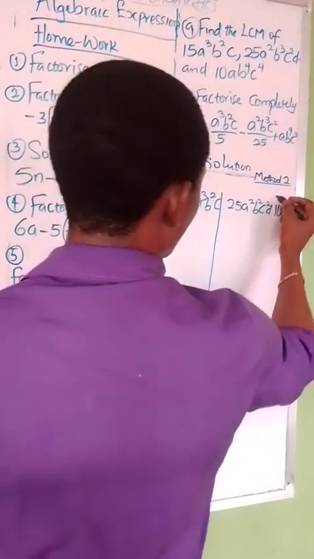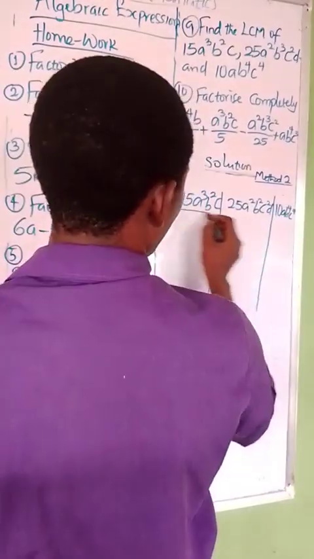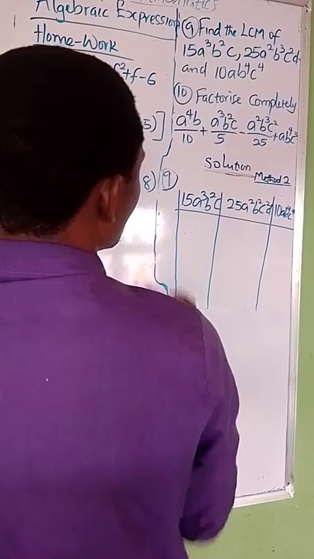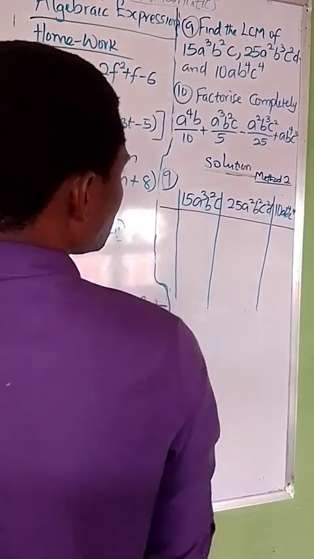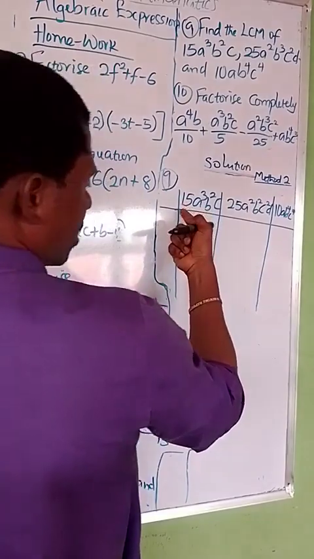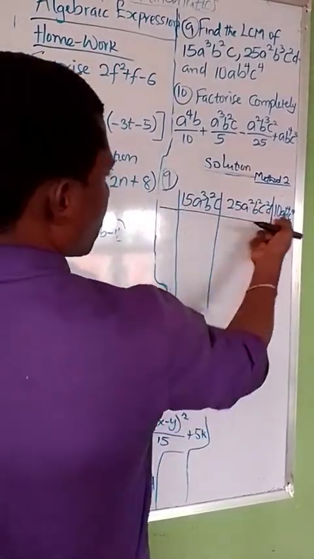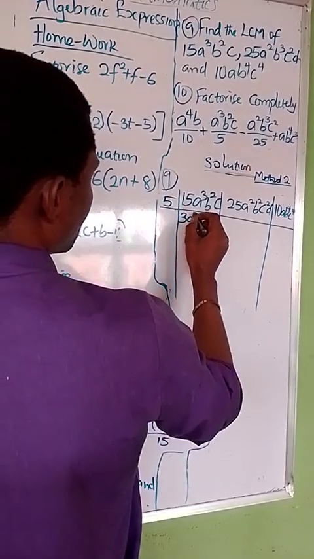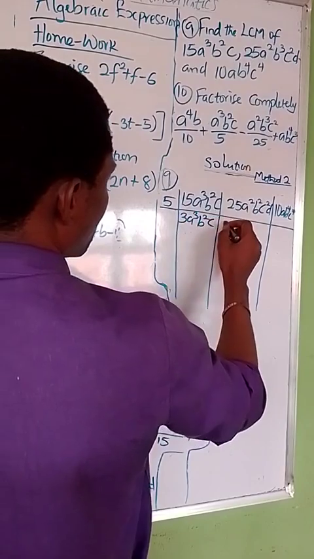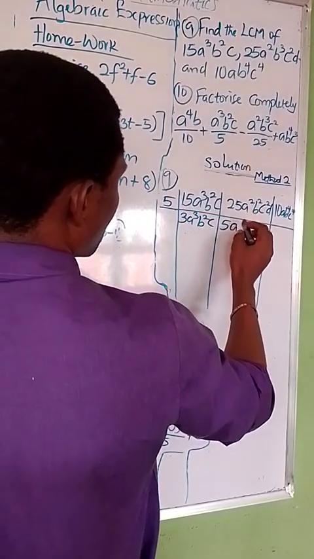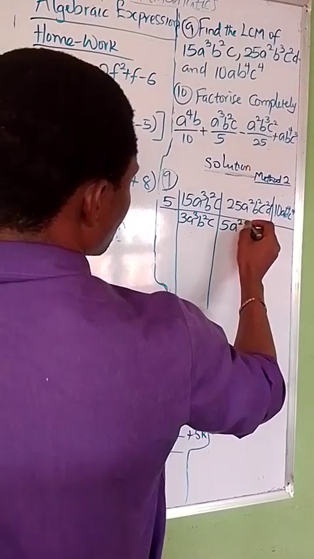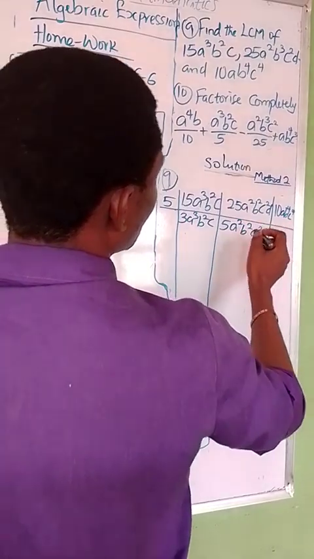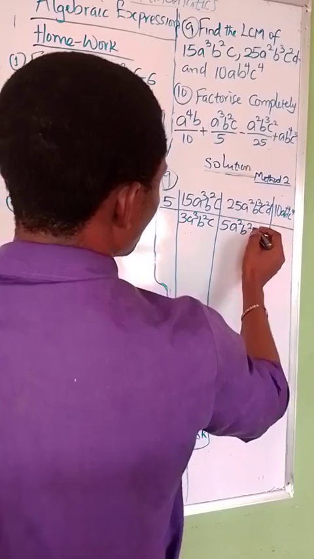So that's how we pick it. What is common? Let's start with the numbers. 5 is common, so pick 5. So we have 3a cubed b squared c, 5a squared b, sorry, b cubed.